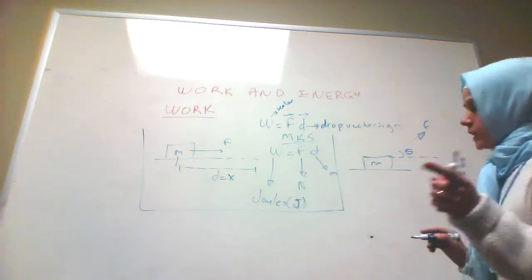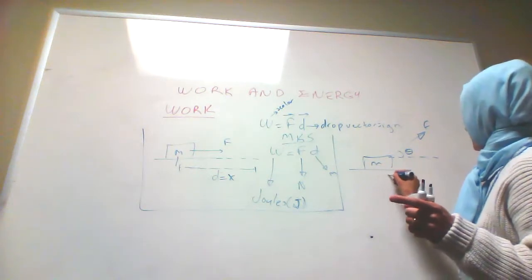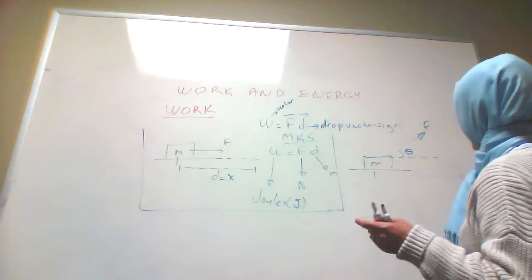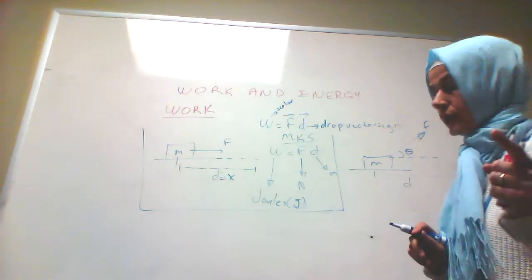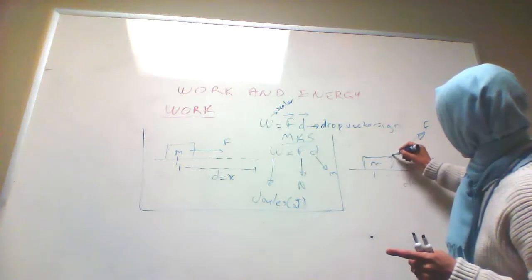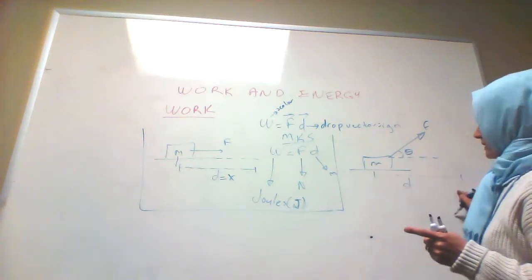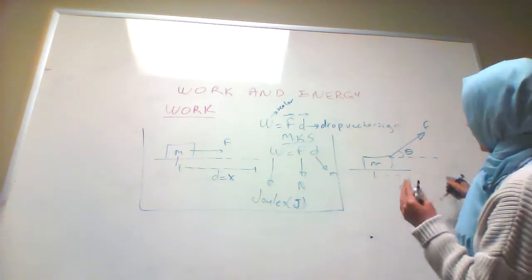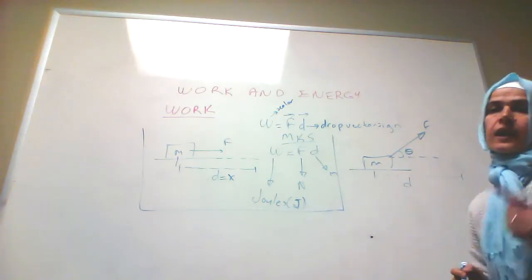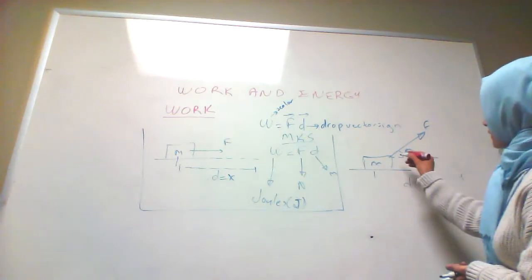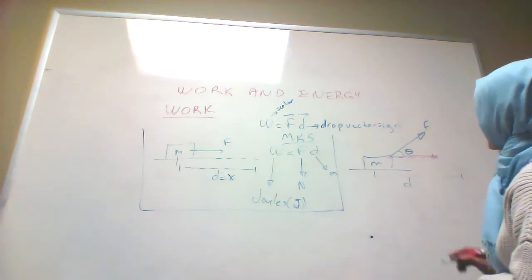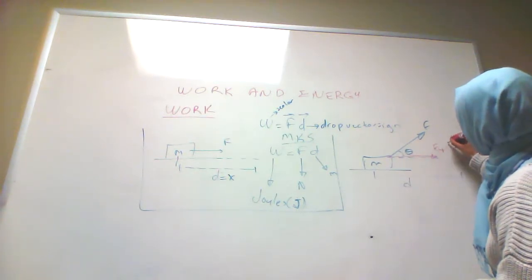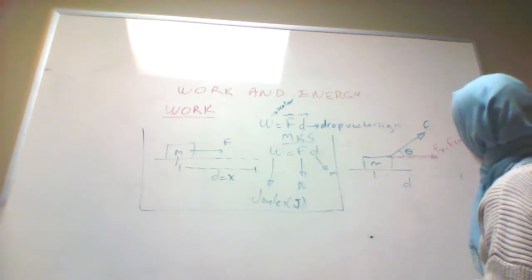Now, if this object moved along the horizontal to a distance, let's say d again, who is doing the work? Is there a work done? This is the direction of the force. But the distance it moved is not along the direction of force. However, there is a component of force that is along the direction of the displacement, Fx, and it's equal to F cosine theta.